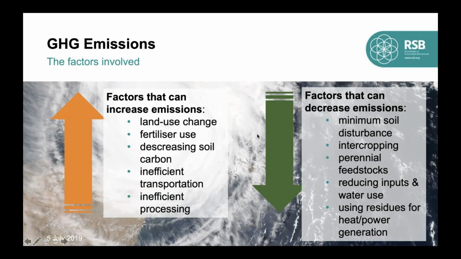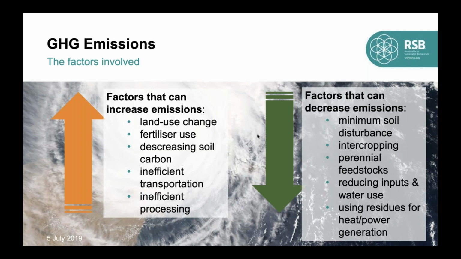Okay, next slide, Hannah. So, of course, you're all aware of the various factors that can impact your greenhouse gas emissions. There are several factors along the supply chain that can dramatically increase emissions. So things like land use change, inefficient or high use of fertilizer, a loss of soil carbon through various management practices. Of course, inefficient practices across the supply chain, whether it's in your transportation system or your processing system, so inefficient use of energy.